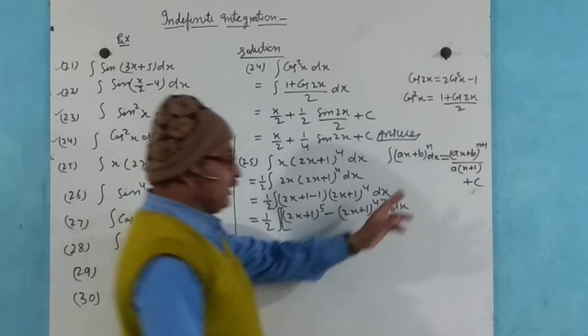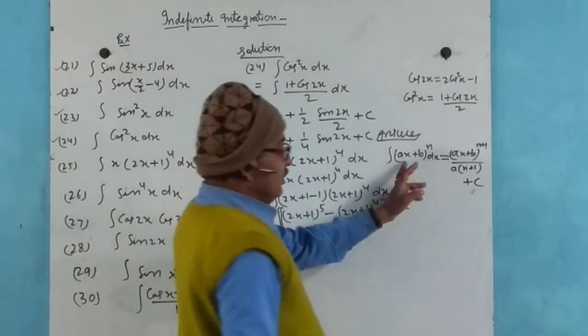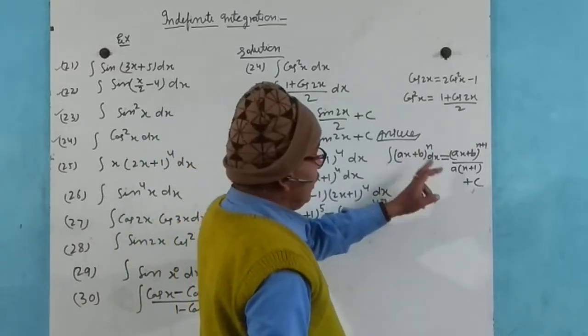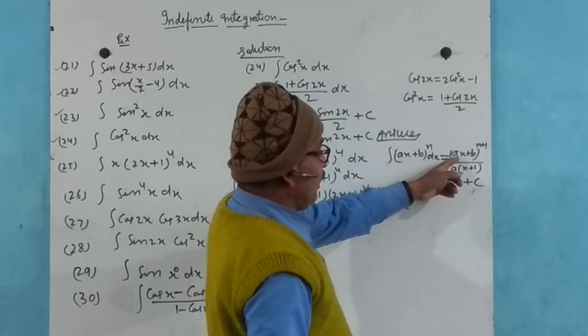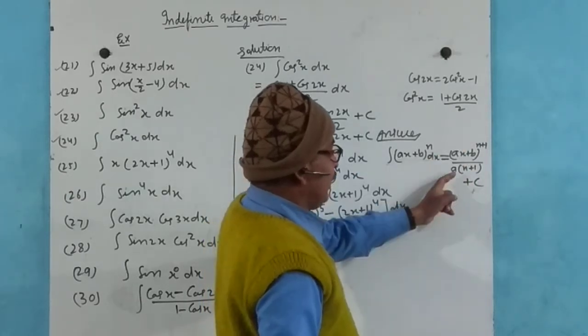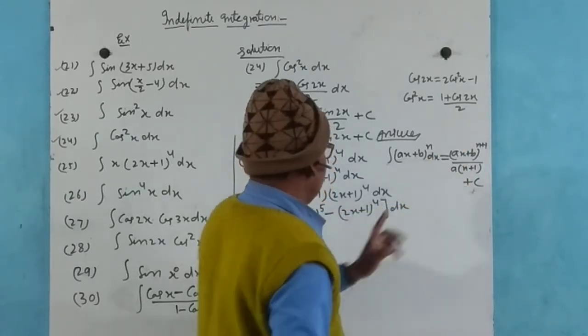Now we apply this formula. Integration of (ax plus b) to the power n dx equal to (ax plus b) to the power n plus 1 divided by a(n plus 1) plus c.